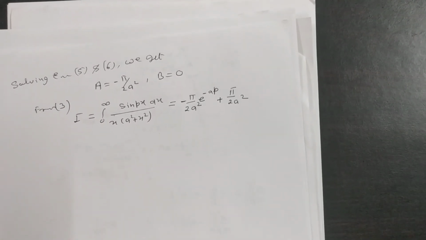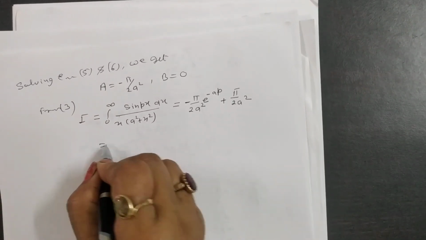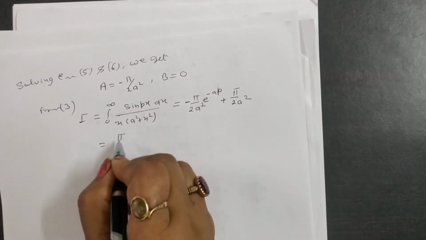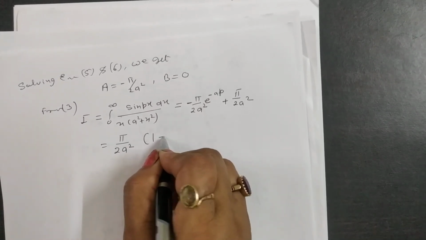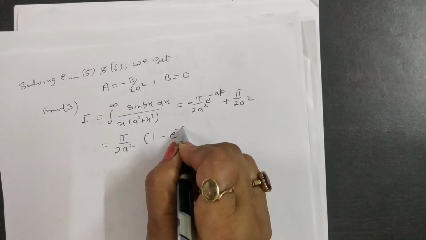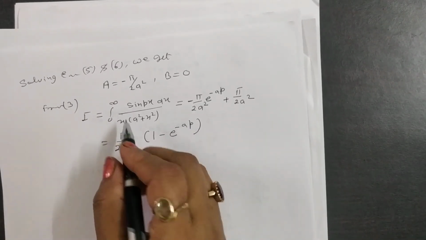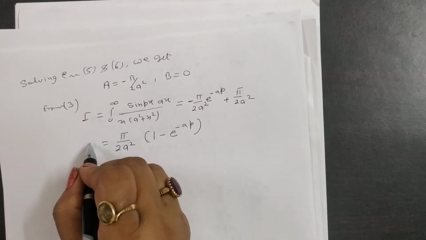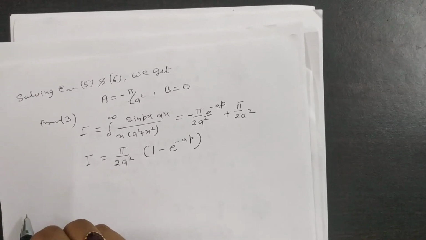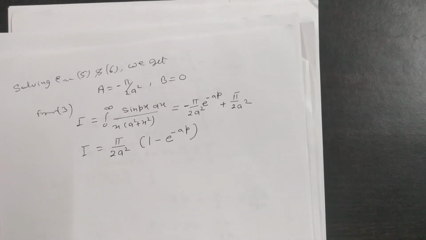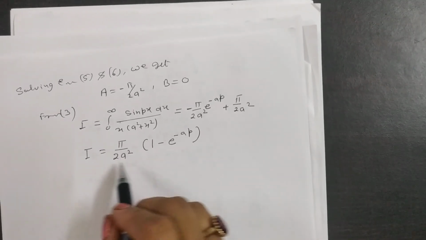Now taking the common factor pi by 2a square, that is 1 minus e to the power minus ap. This is the Fourier sine transform of this one.